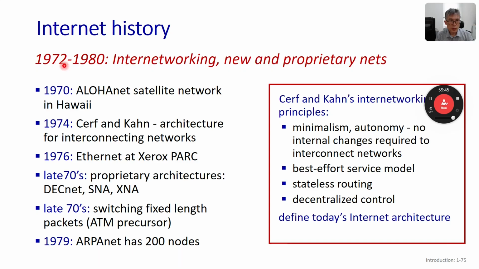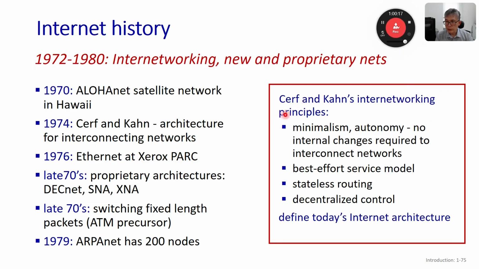So 1972 through 1980 is a very important era. New proprietary networks were invented. ALOHA, a satellite network in Hawaii, was invented, and Kahn and Vint Cerf, Kahn made the architecture for interconnecting networks.